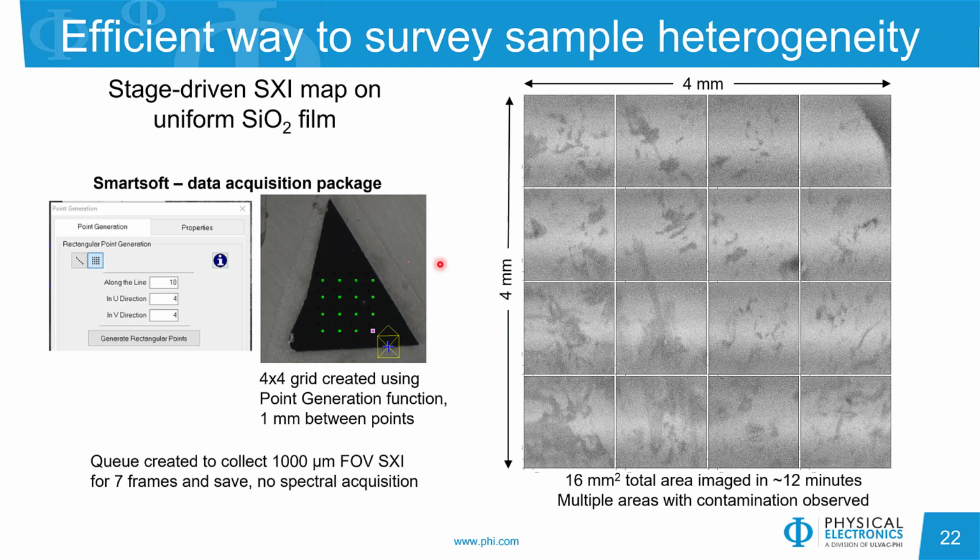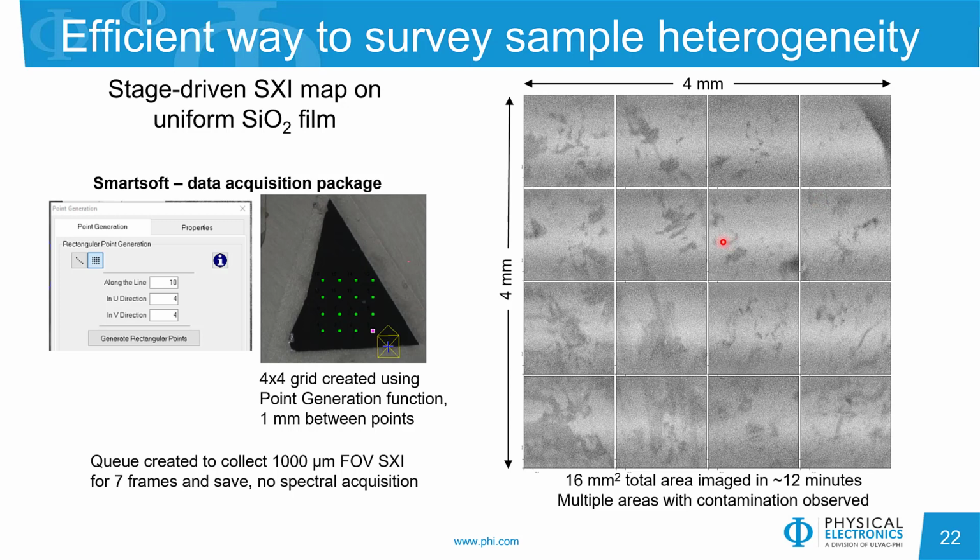And then we set up an automatic queue to acquire secondary X-ray induced images that are 1000 micron field of view in size. And then we stitch them together. So here we have 16 images that are covering approximately 16 millimeters squared area in less than 12 minutes.